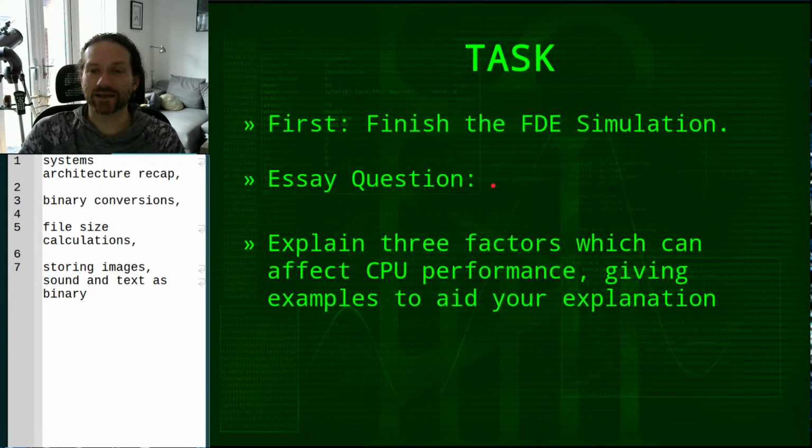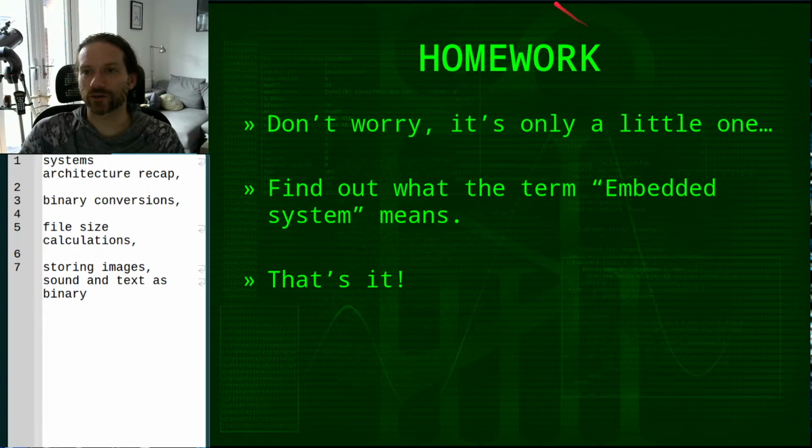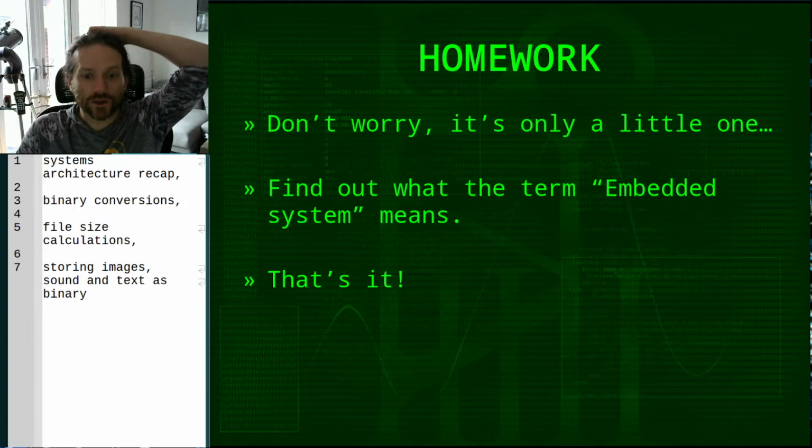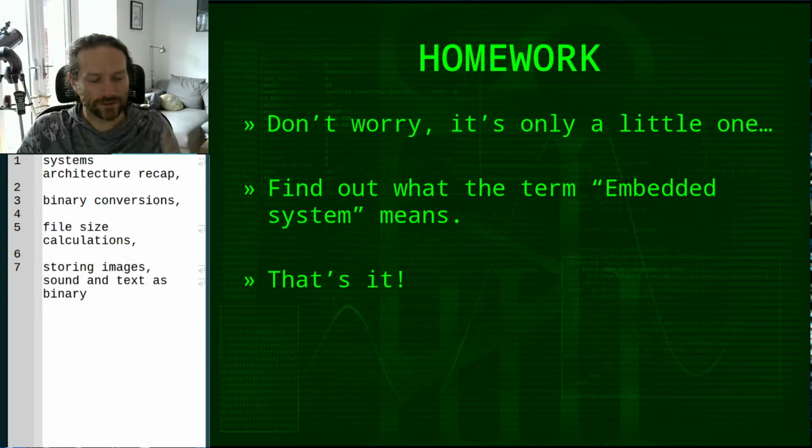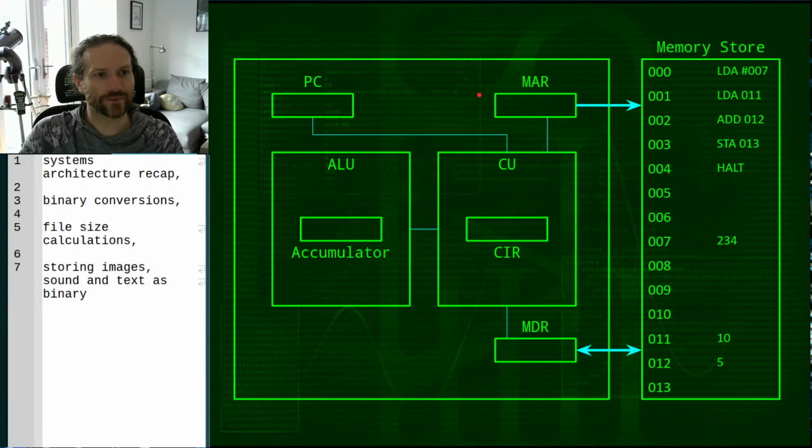Right. So there's no homework. Don't worry about that. So hopefully you guys are now fine. Most of you said in the class that cache, clock speed, and number of cores you were all fine with that. I just wanted to go over it just to make sure, because I know that oftentimes people say, yeah, we know all that, and some people sort of go along with it, and maybe they don't.